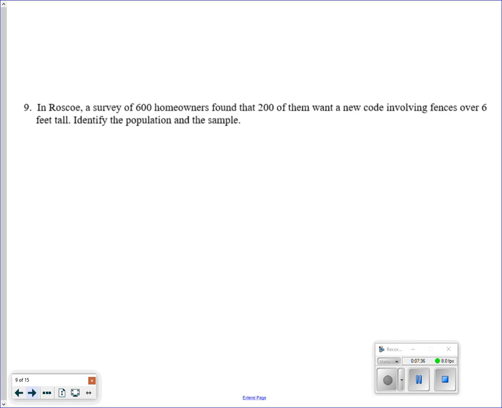In Roscoe, a survey of 600 homeowners found that 200 of them want a new code involving fences over 6 feet tall. What would be the population? So again, give me an example of what population would be for this particular scenario. If you want the population, you would need to talk to all the Roscoe homeowners.